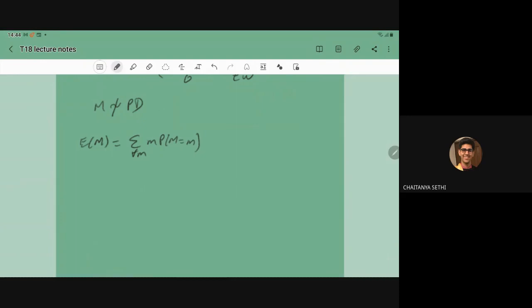This only. So this can be written as 0 times e to the power minus lambda, plus summation m from 1 to infinity of m into the probability of M equal to m.